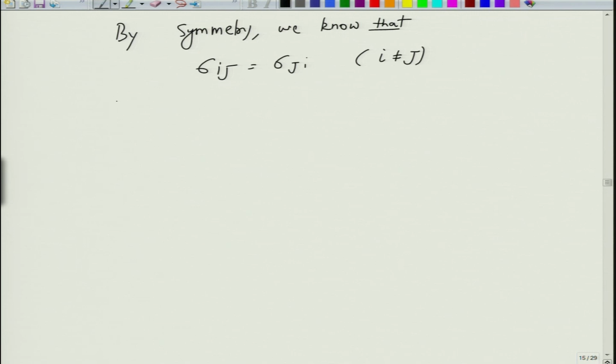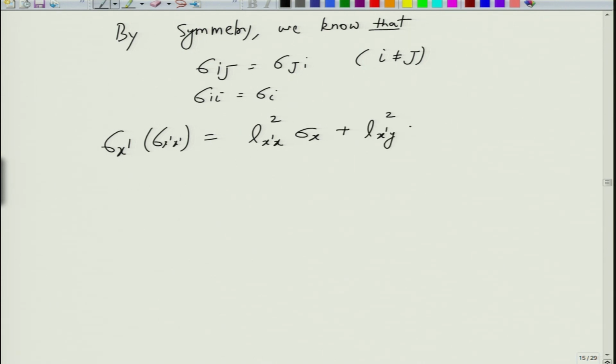So, if we apply this, we can write sigma x prime as equal to L of x prime x square into sigma x plus L of x prime y square into sigma y plus L of x prime z square sigma z plus 2 of L x prime y.